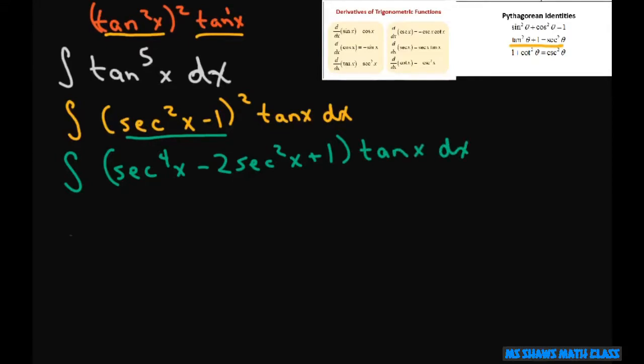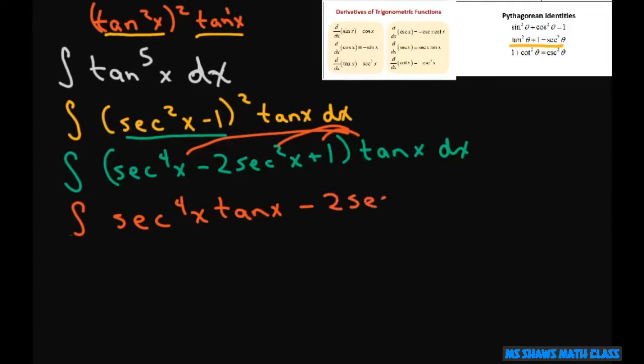All right, now let's distribute this tan, and that's going to give you secant to the fourth x times tan x minus 2 secant squared x tan x plus tan x, and then that's all dx.